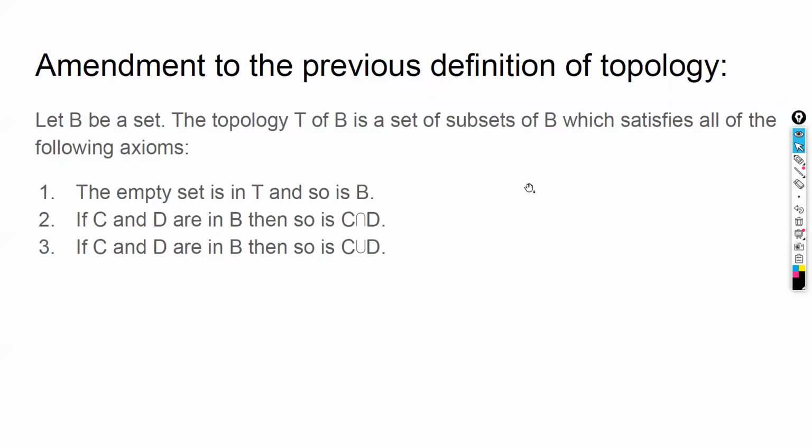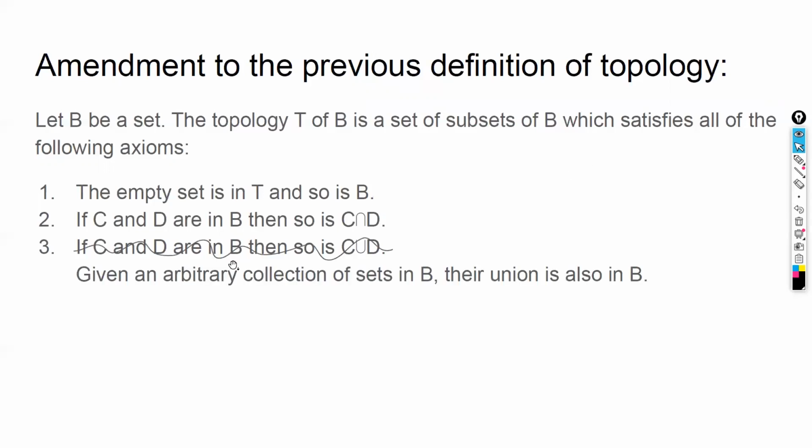What I need to do is change this to be a bit more generous. Given an arbitrary collection of sets in B, their union is also in B. If I change this axiom to this new statement, then instead of taking 2 intervals, I can take as many as I want, including infinitely many, and then their union I declare to also be in B. Sorry, to be in T. This is supposed to say T for topology.